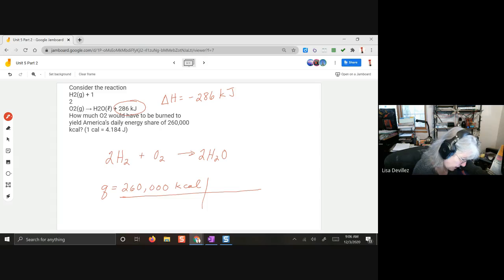if 1 calorie is that many joules, then 1 kilocalorie is going to be, no, wait, go the other way. No, that's right. 4184. No, that's not right. Goes the other way.